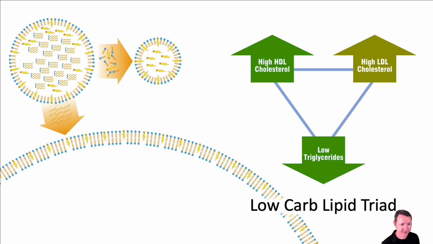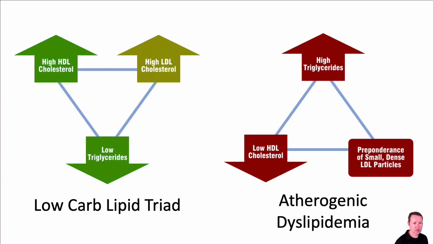And don't get me wrong, even if you don't have high LDL cholesterol, it makes sense as to why high HDL cholesterol and low triglycerides can be so powerful in suggesting where the state of your existing lipid system lies. Because that's the power of looking at this against what was already here long before I got into this work, this phenotype known as atherogenic dyslipidemia.